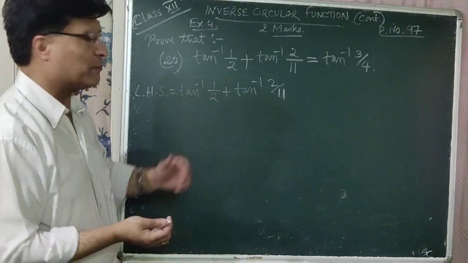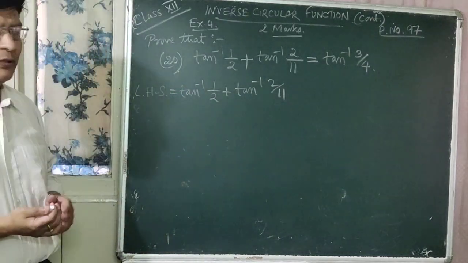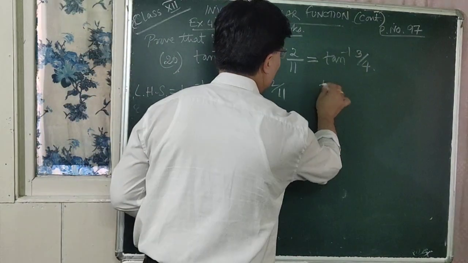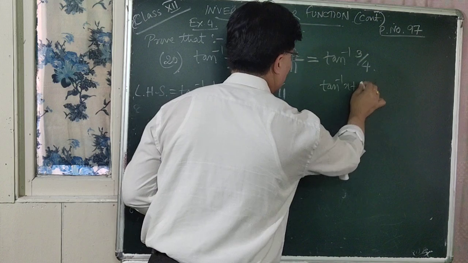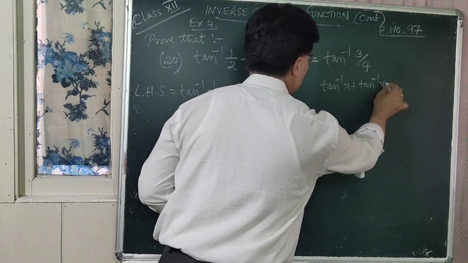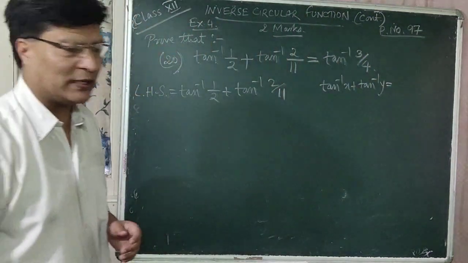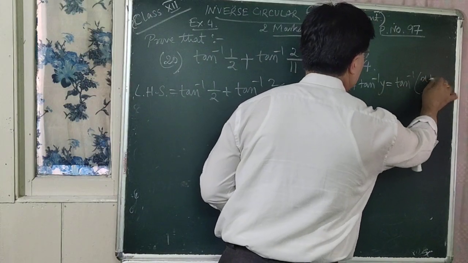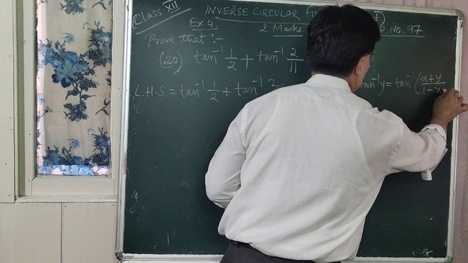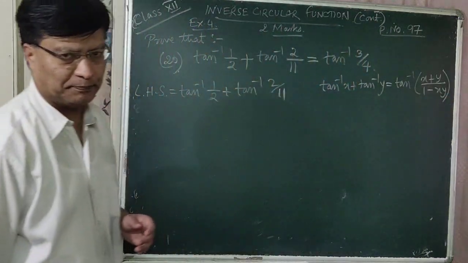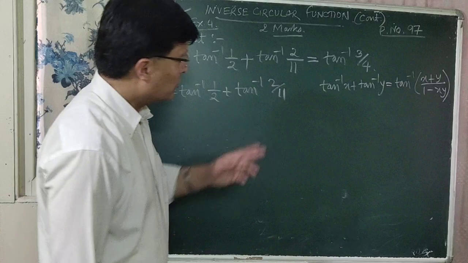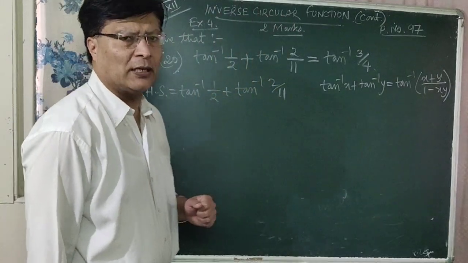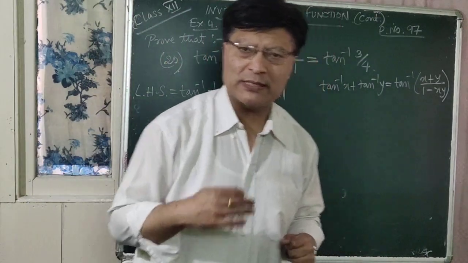You have done this type of formula in this chapter: tan inverse x plus tan inverse y is equal to tan inverse of x plus y upon 1 minus xy. This is a very important formula.